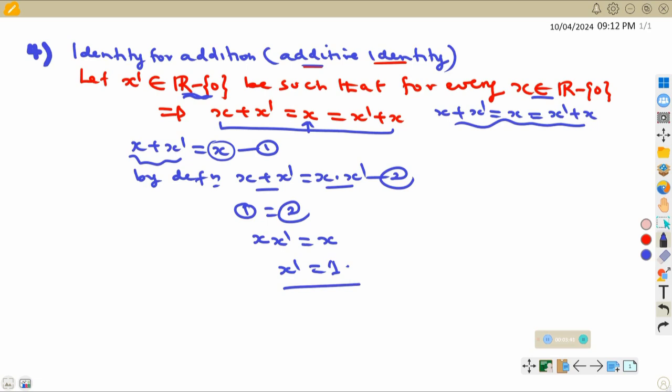So our additive identity for this case is actually 1. And when we look at this, 1 is an element of R minus 0.